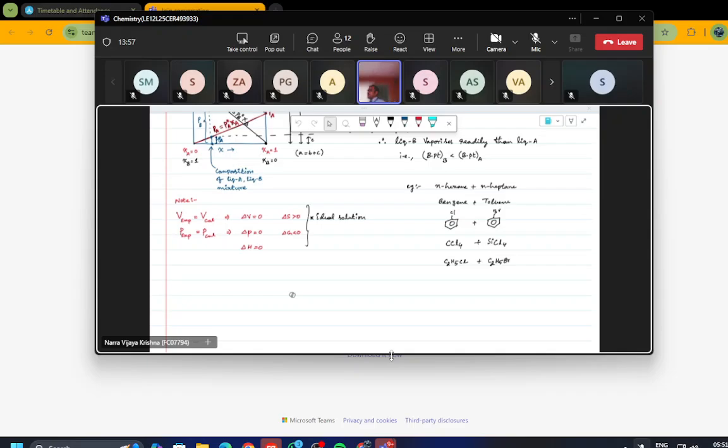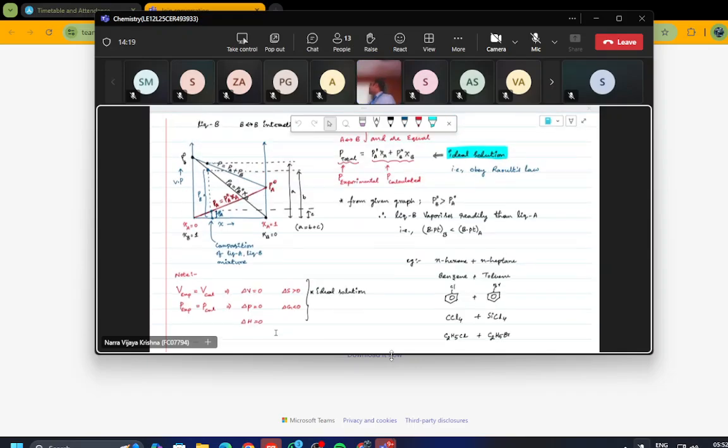Liquid A, liquid B, and A-B interactions are all the same. Then also they are ideal solutions. You can say delta H is 0, delta V is 0, delta S is greater than 0, delta G is less than 0. I don't want that. I want any other.